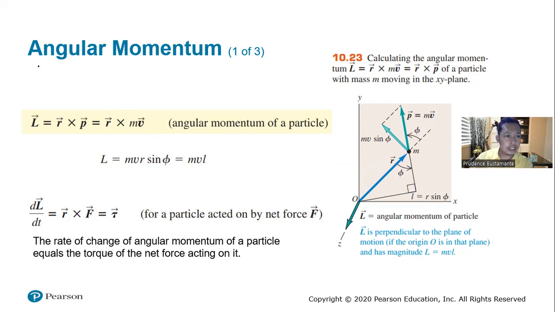Also, if you take the rate of change of the angular momentum, dL over dt, this is equal to d over dt of r cross mv.